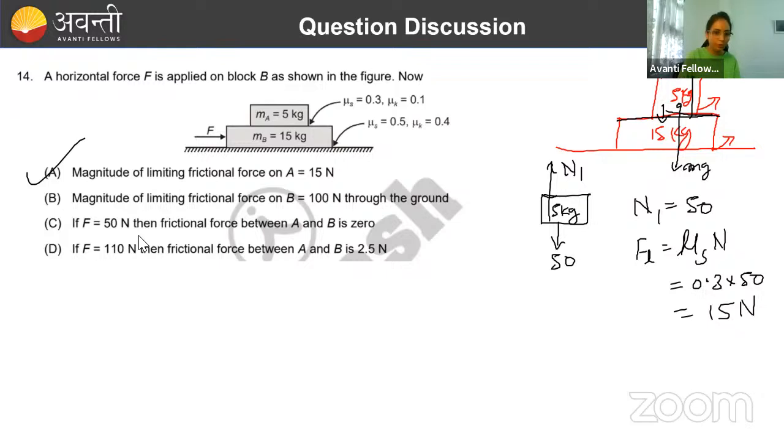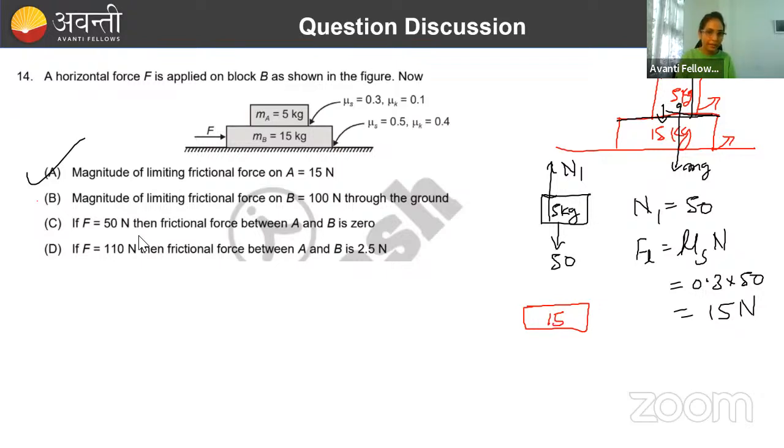If we draw the free body diagram of B, for the external force, nothing is mentioned in this option, so let's assume it is 0 for now. The 15 kg body is like this.